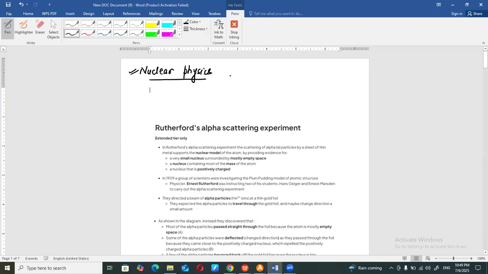For a very long period of time, scientists said the smallest building block, the smallest entity that belongs to any particular element, is basically an atom. And an atom is something that cannot be broken down any further.